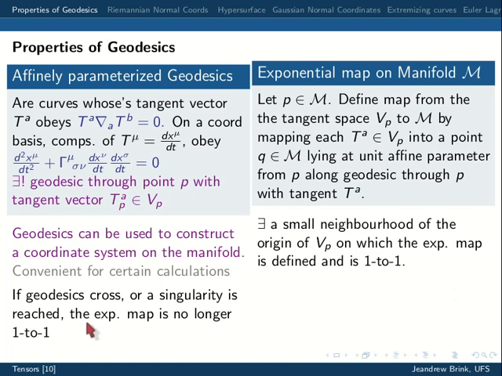If this happens, then your exponential map is no longer one-to-one. So the exponential map in the manifold is literally connected to your geodesics. You pick an increment in your affine parameter and then you can map any single vector to a new point on the manifold where you've gone a fixed distance along the geodesic that started off with that tangent vector. And that's actually, getting back to your project, also what you do if you have a round thing emitting light.